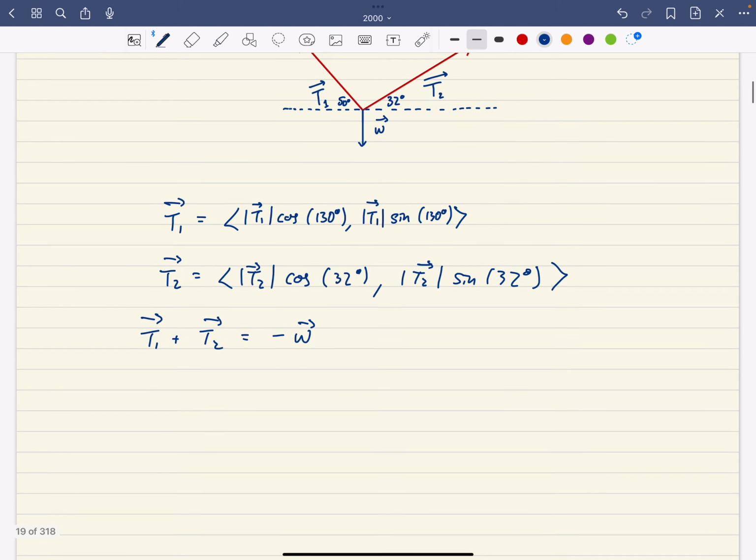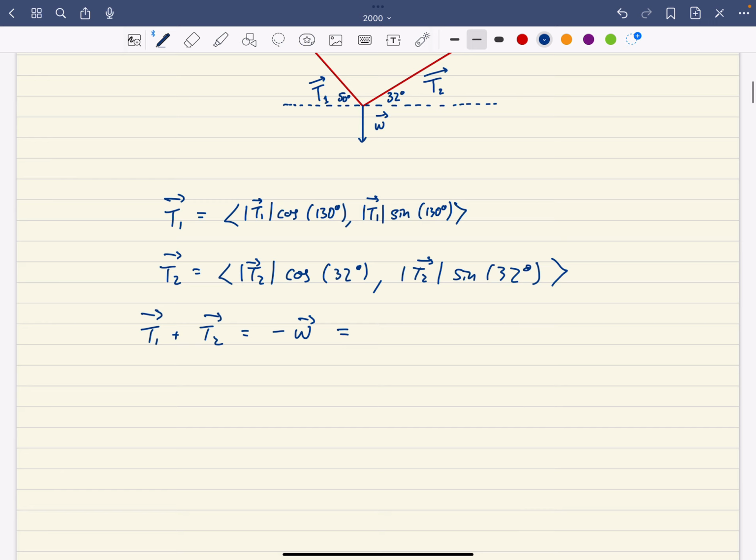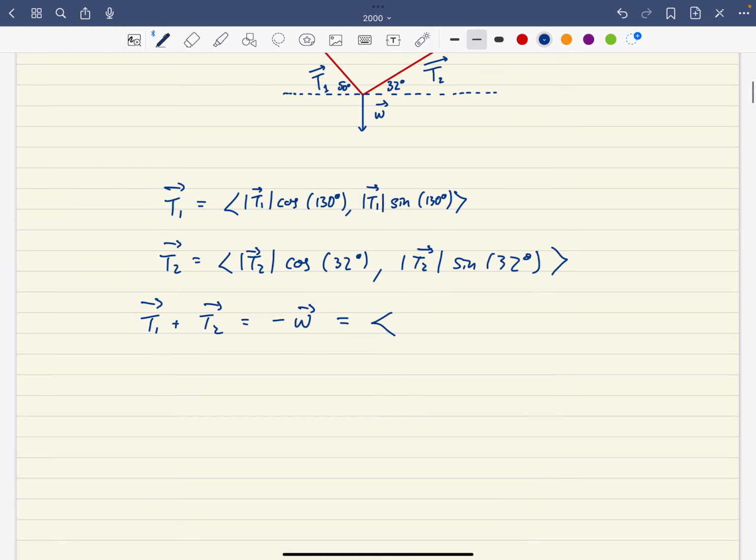And so we're going to take T1 plus T2 and set that equal to 0, 100. That's the vector, because there's no weight being applied in the x direction. It's all in the y direction. And so we want to solve T1 plus T2 equals this vector.